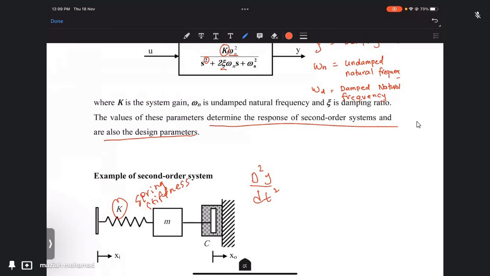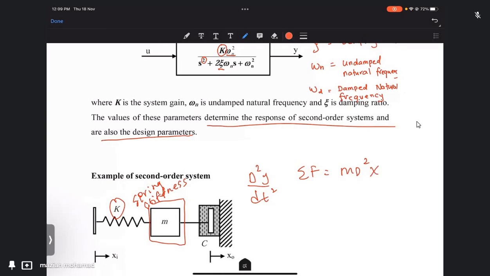What else? For example dy per dt, d square y per dt square. Here we have m, that's why we have summation of force equal to m d square x. So that is the example for the second order.